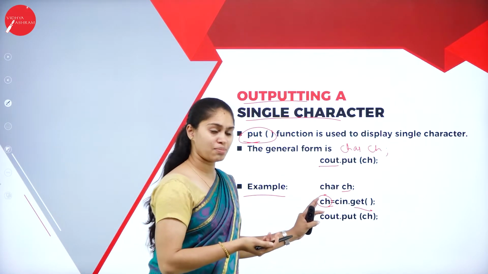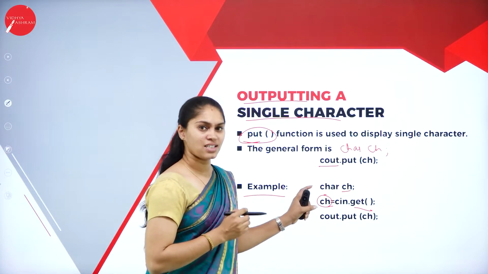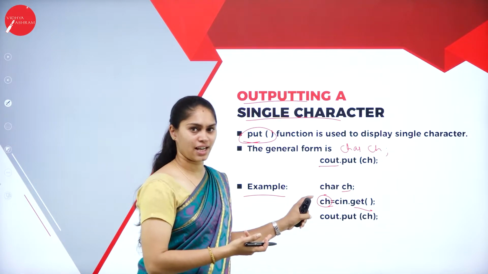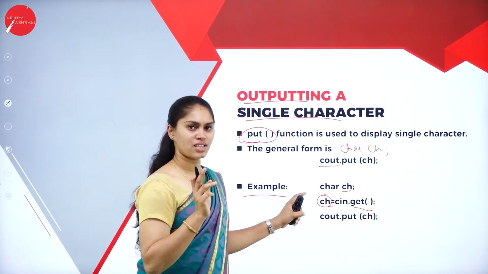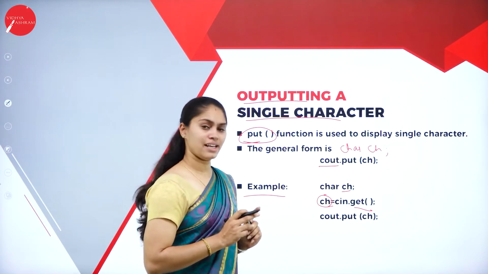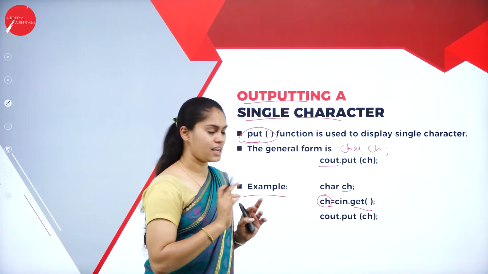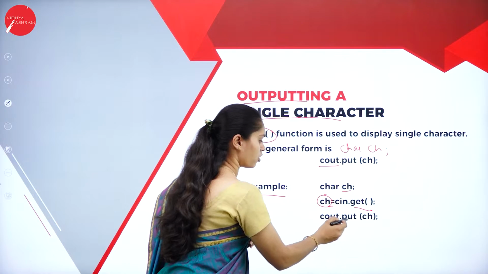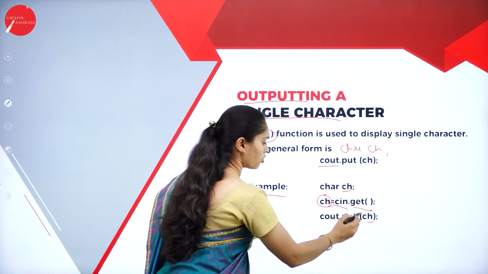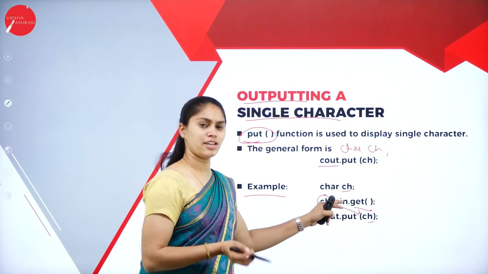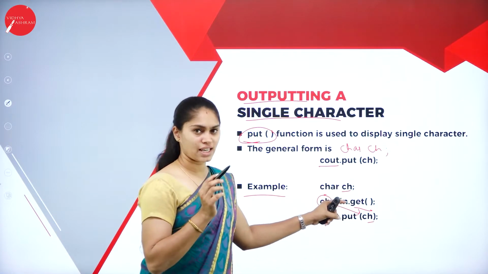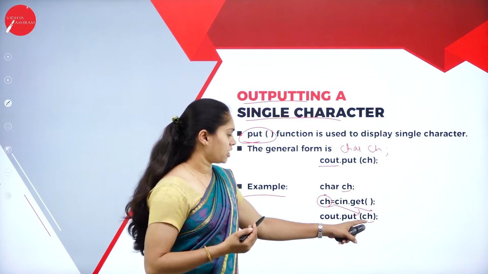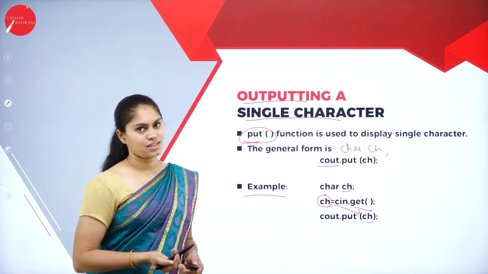Then I have to display that value, whatever ch holds as a single character, on the screen. For that purpose, we use the put function, which displays a single character. You have to follow this format: cout.put(ch). Whatever input I have taken by using the get function for a single character can be displayed with the help of this put function.